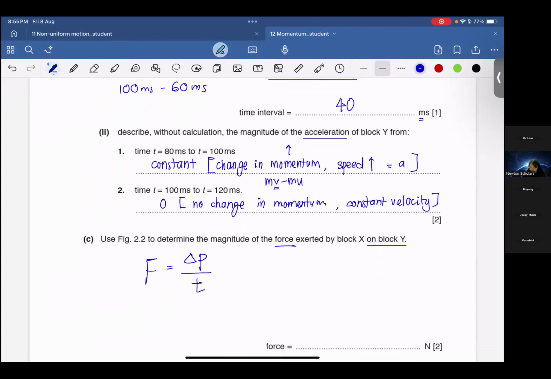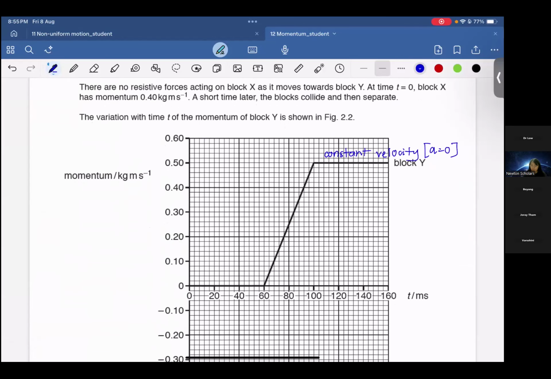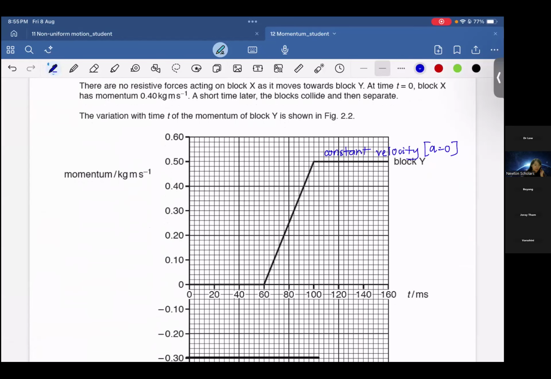Use figure 2.2. Find the magnitude of the force exerted by block X on block Y. How do you calculate it? Calculate it and then tell me.